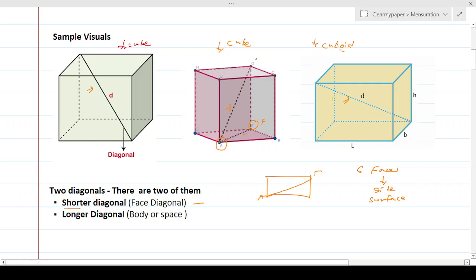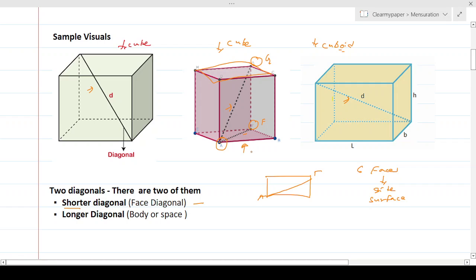If you take this G, this belongs to the top surface. So we are taking a vertex at the bottom surface and joining the diagonally opposite vertex on the top surface.